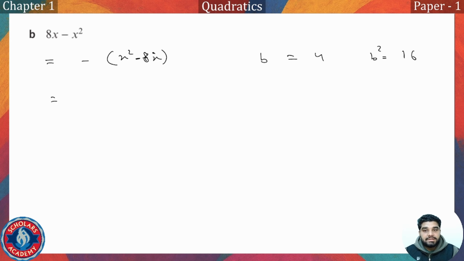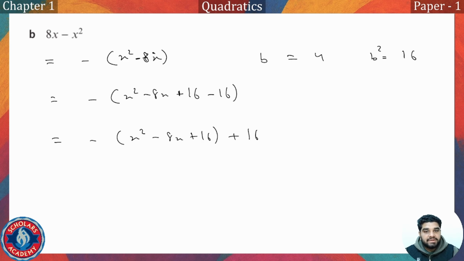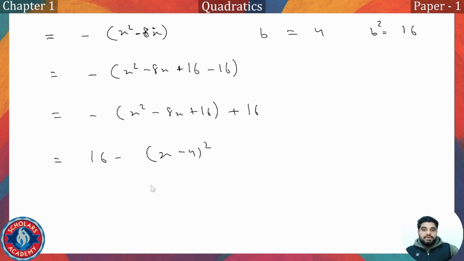We can write it as negative of x square plus 8x plus 16 minus 16. We get negative x square plus 8x plus 16, and this negative 16 comes out, negative negative positive. We get 16 minus x plus 4 whole square. This is our answer.